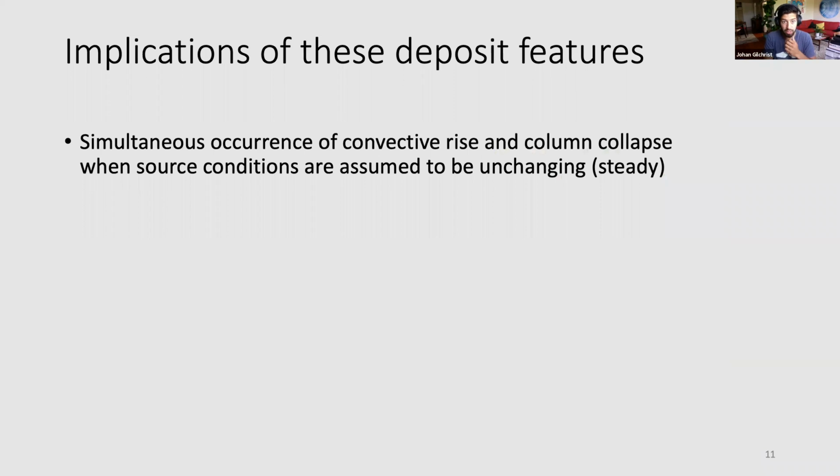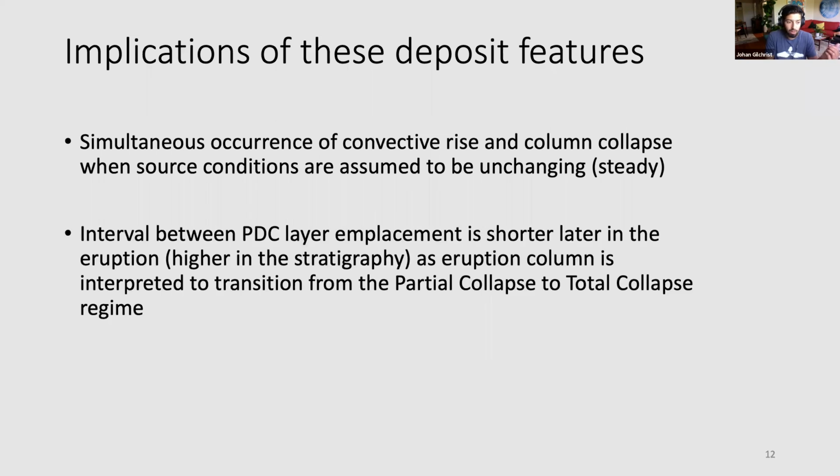Okay, so implications of these deposit features, I've mentioned these, I just want to go over them. First, simultaneous occurrence of convective rise and column collapse when source conditions are assumed to be steady. The next is the interval between PDC layer emplacement seemingly becoming shorter in time, as we go later into the eruption.